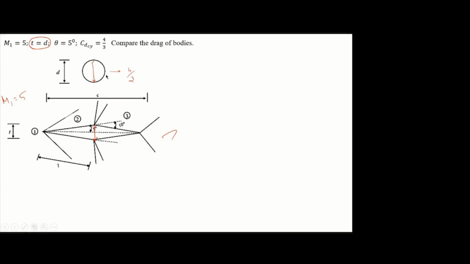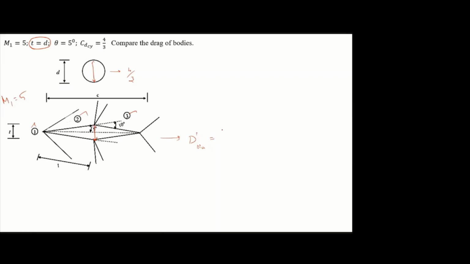So two objects we are going to compare, to see how the drag varies. First is the cylinder with a CD value of 4 by 3. Second one is the diamond shaped aerofoil, thickness is D, theta is 5 degree. And you know the drag value of this diamond shaped aerofoil, what is that? The derivation we found, right? Stations 1, 2, 3.